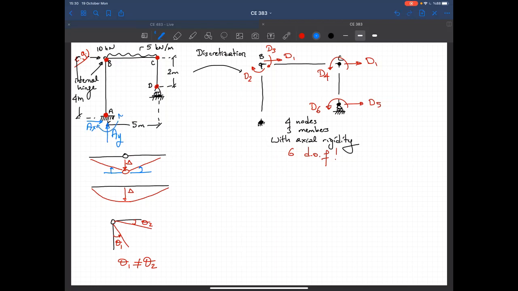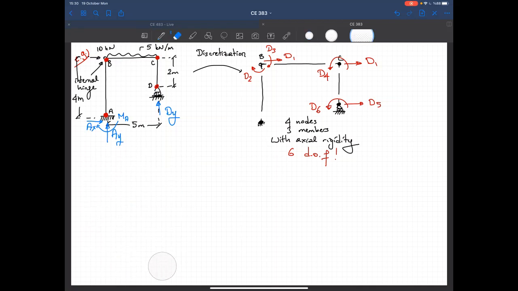Yes, that's MA, and I should have another support reaction DY here. So let me erase this portion and write down the equilibrium equations and try to determine these support reactions.